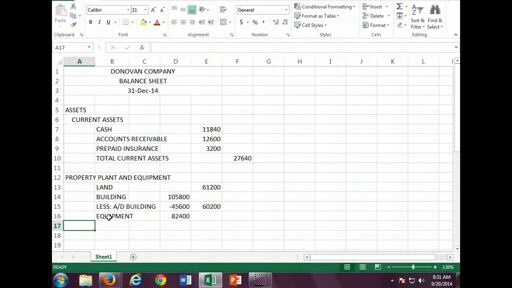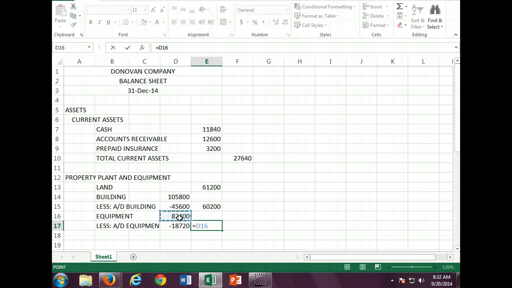82,400, and again, less accumulated depreciation on equipment is what? 18,720. So our balance here is going to be the 82,400 minus the accumulated depreciation.